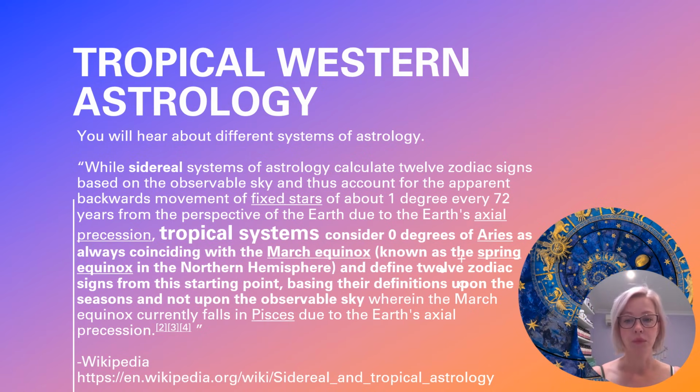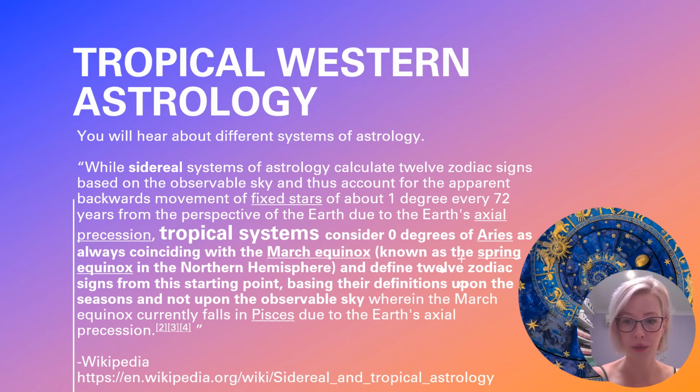So we're going to talk about tropical Western astrology, which is what we will be looking at, what I'm teaching. You'll hear about different systems of astrology: sidereal, tropical, Vedic astrology. We are focusing on Western tropical astrology, and I'll explain what that means. So what we're not focusing on is sidereal astrology.